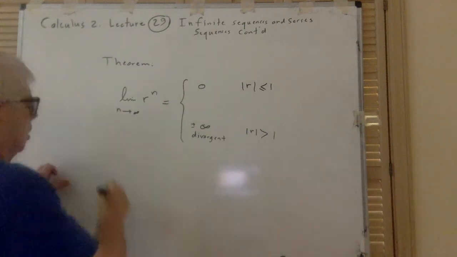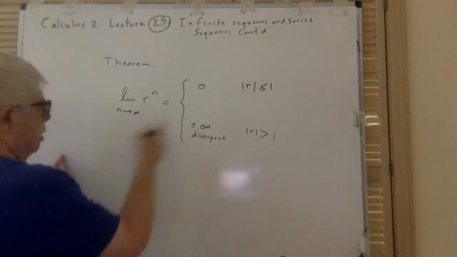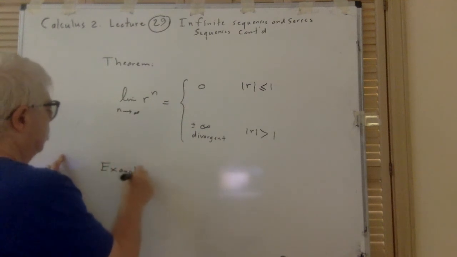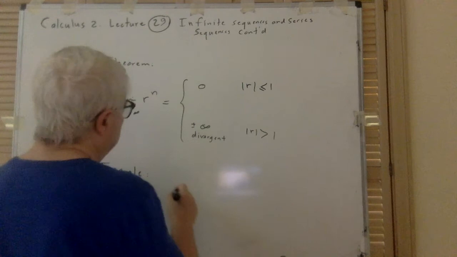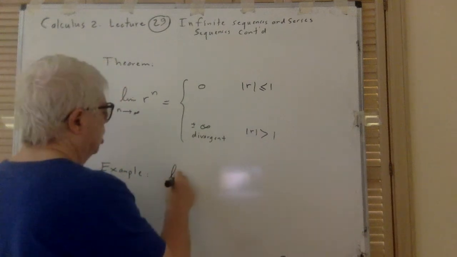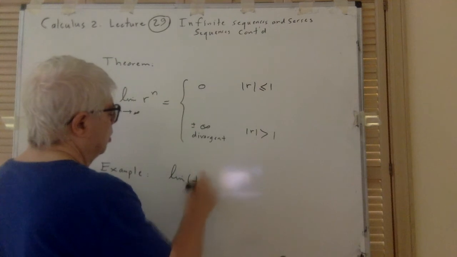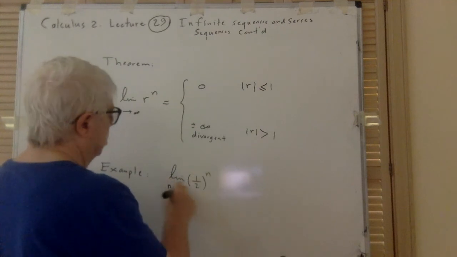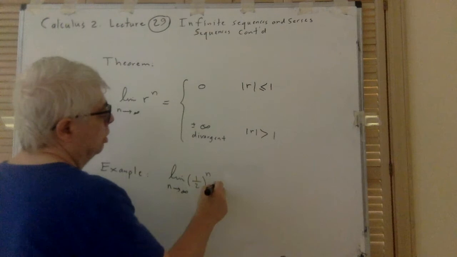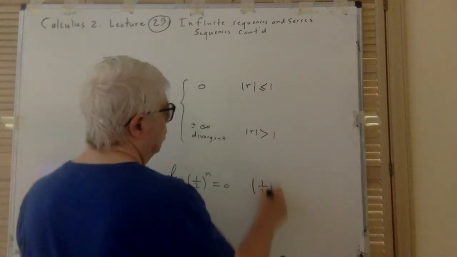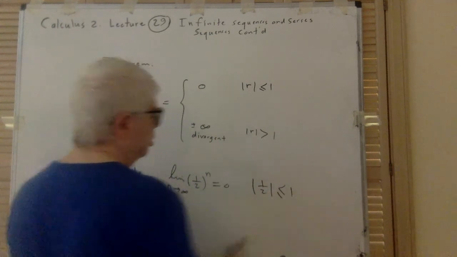But let me give you an example so you get a feeling for what it's saying. What is the limit of 1/2 to the power n? This is 0, because the absolute value of 1/2 is less than 1.